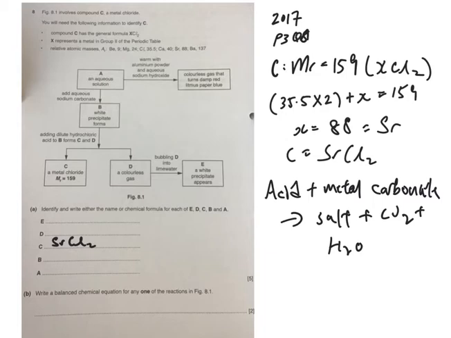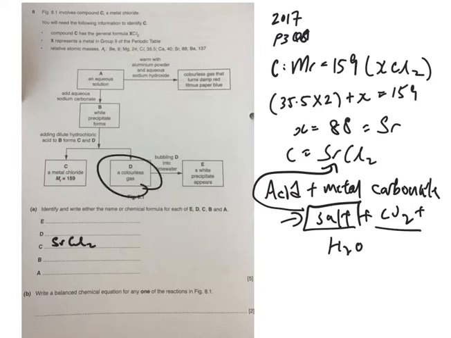Hence, in this case, your salt, as we just solved, is your strontium chloride. That will leave your colorless gas D as your carbon dioxide. And it is further proven by bubbling this into lime water that gives a white precipitate. Alright, so your unknown D will then be your carbon dioxide.